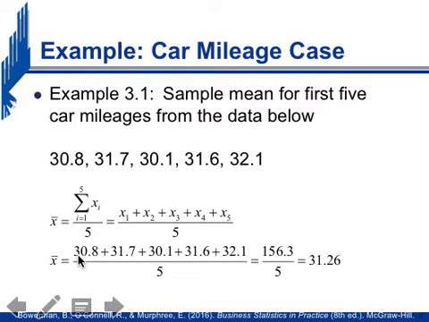The formula requires getting the sum of all the values and dividing that by the total. Computing for that, you get a sum of 156.3 and the total number of measurements in the sample is 5, giving us a sample mean of 31.26.